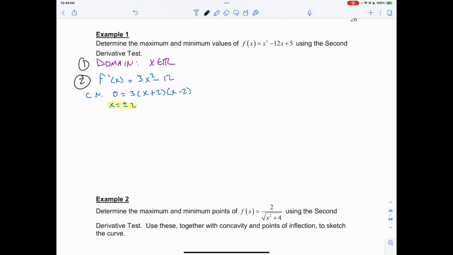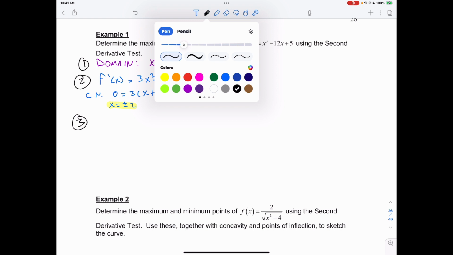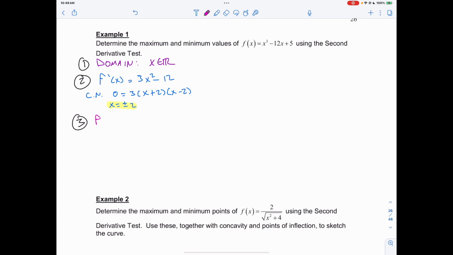When I take the second derivative of this, when I differentiate 3x squared minus 12, it just becomes 6x.